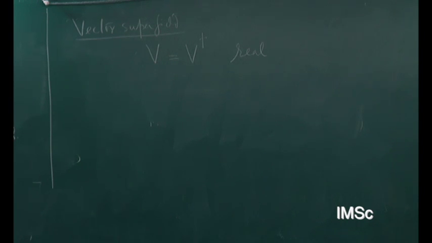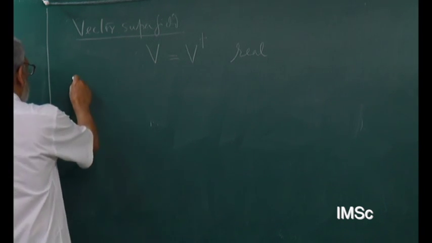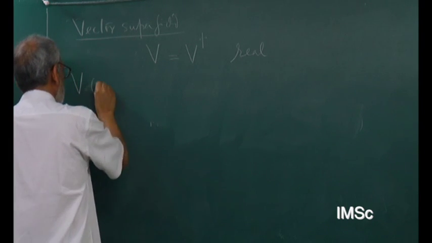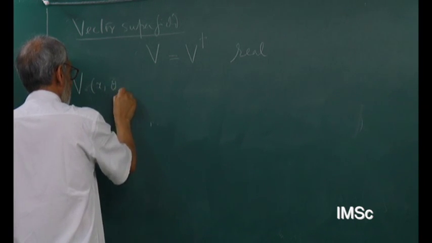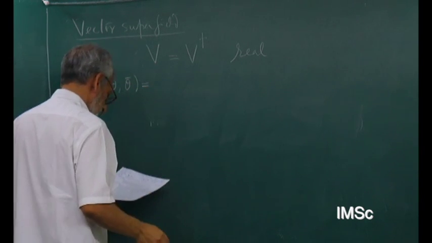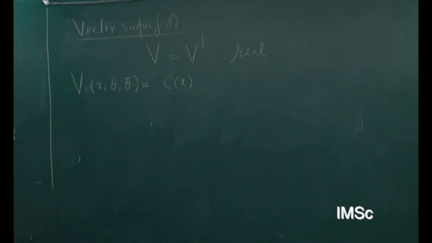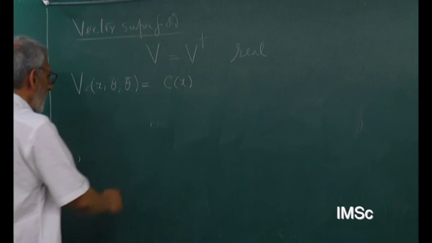I can write the same kind of expansion for this, except that there I did not put any reality conditions. That was a general superfield which was not its own conjugate. Now I want a superfield which is its own conjugate. So V is a function of x, theta, and theta bar, and I can expand it in terms of a theta-less object, call it C, the field C of x. And this would be real.